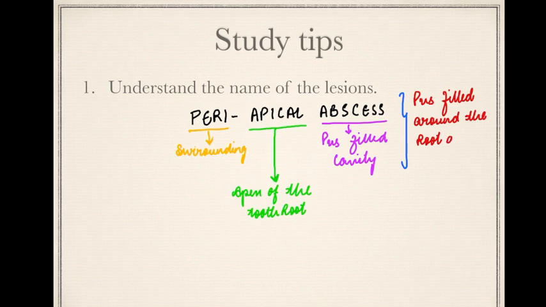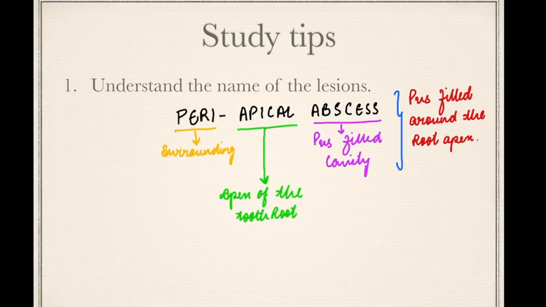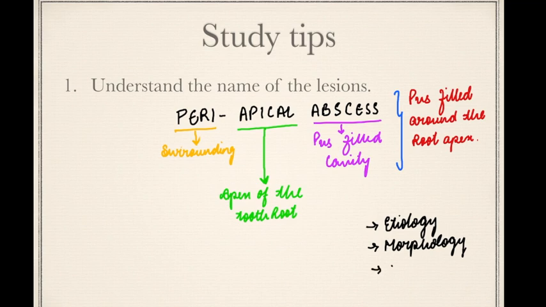Now, this is a very basic example I have taken, but why I'm concentrating on this is because whenever you come across a new lesion, you try to figure out why is it named so. Most of the time, the names of the lesion will tell you their etiology, their morphology, and even their location.